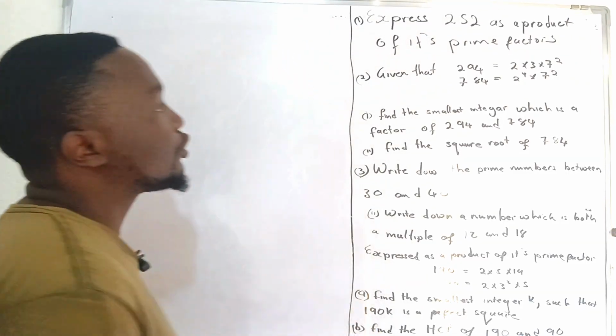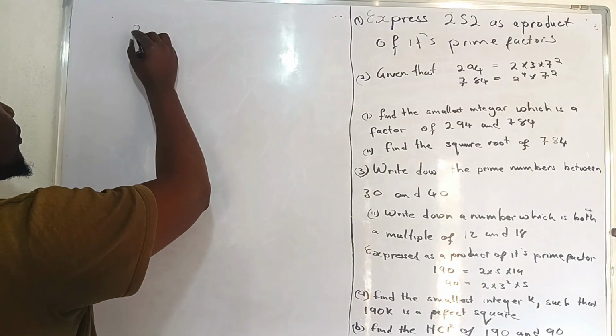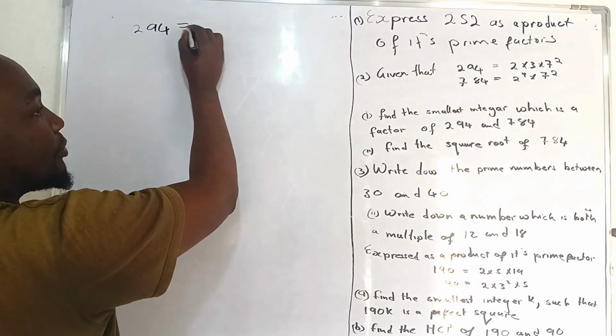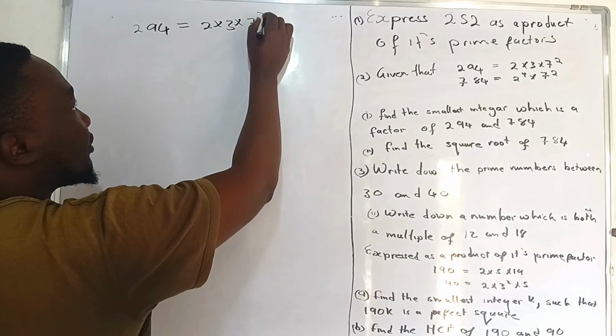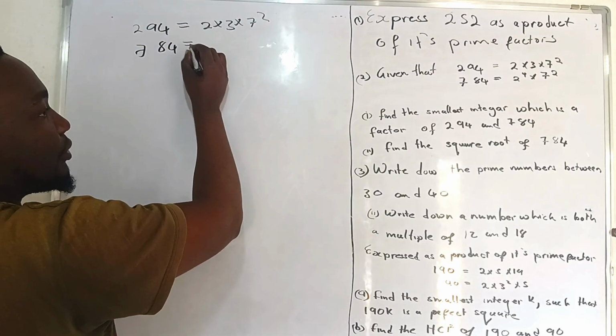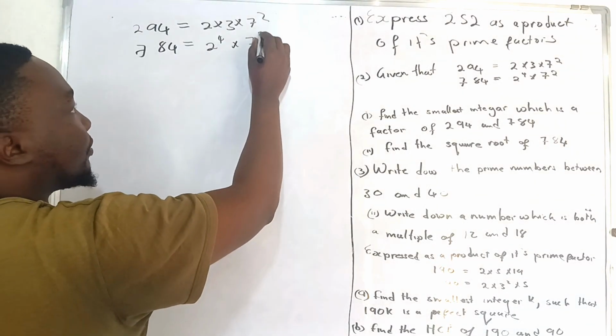You are given that 294 is expressed as 2 times 3 times 7 squared, and you're also given 784, which is expressed as 2 to the power 4 multiplied by 7 to the power 2.